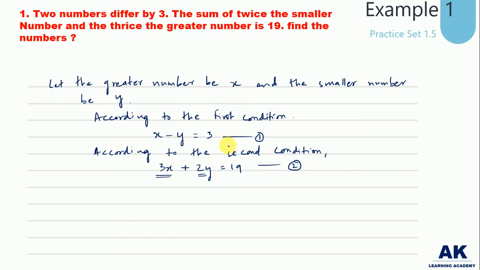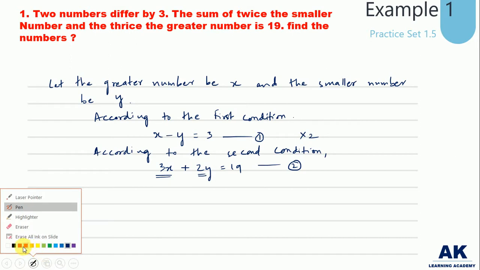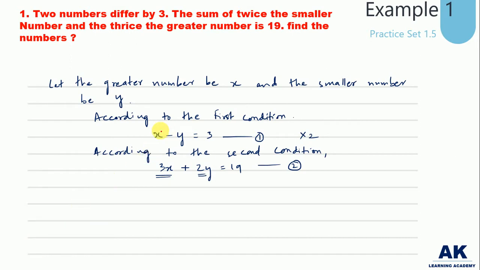When we multiply equation 1 by 2, I'll get 2 into x, 2 into y and 2 into 3, right? So we get 2x minus 2y is equal to 2 into 3, which is 6.